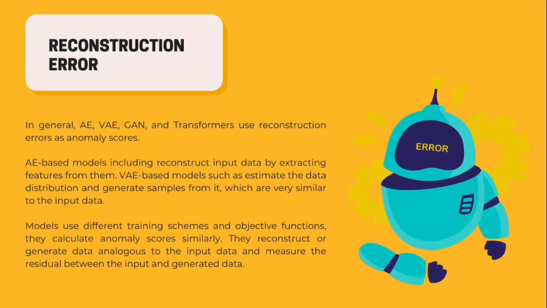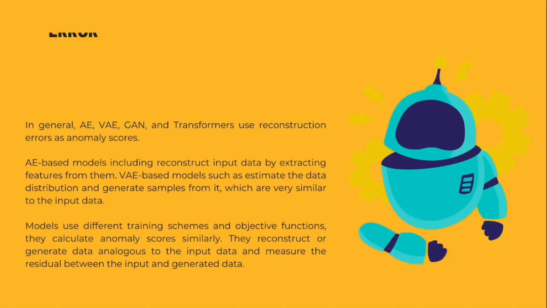The autoencoder based models reconstruct the input data by extracting features from them, while the VAE based models estimate the data distribution and generate samples from it, which are very similar to the input data. Models use different training schemes and objective functions. They calculate anomaly scores similarly. They reconstruct or generate data analogous to the input data and measure the residual between the input and the generated data.